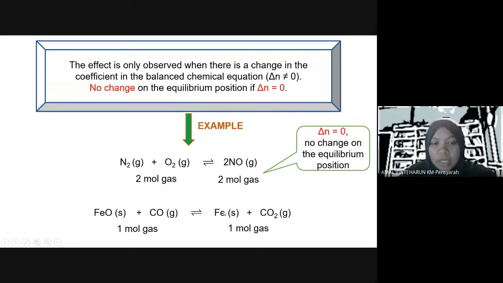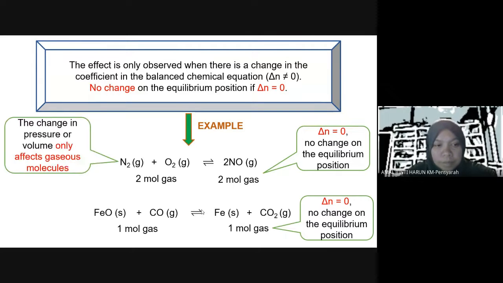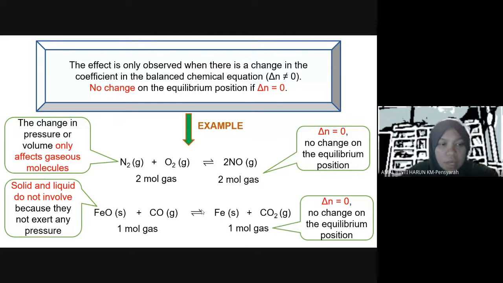So solid kita tak masukkan because solid does not exert a pressure. So solid and liquid do not get involved because they do not exert any pressure. Okay dah. Dah cakap dah.